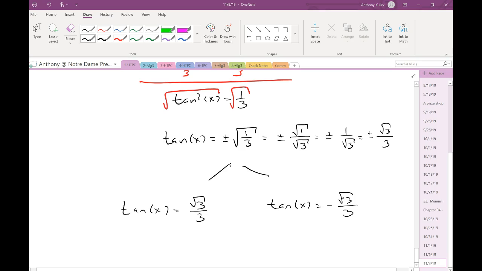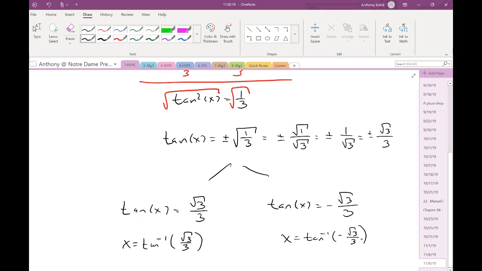Everybody's okay with that? And we'll take tan inverse of both sides. And we're here. So far, so good?